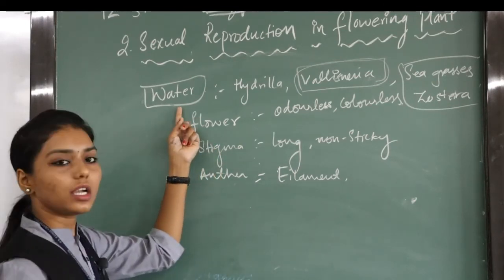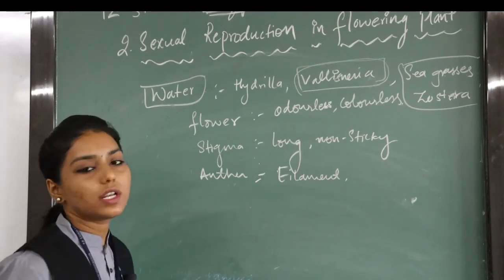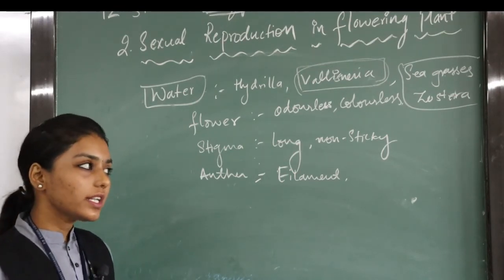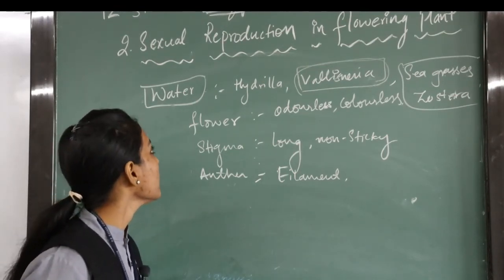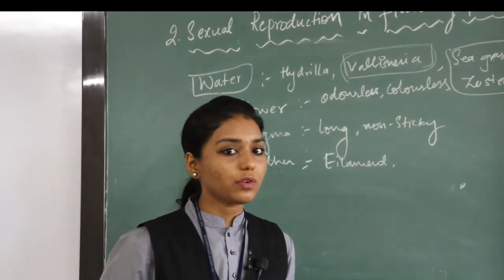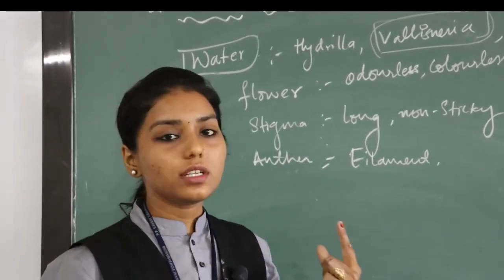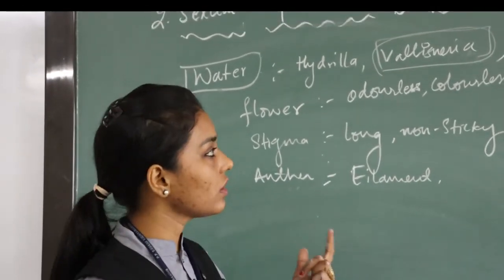This is regarding water as an agent for pollinating. In the next lecture we will see insects, the only biotic factor remaining. We have seen wind and water as pollinating agents.